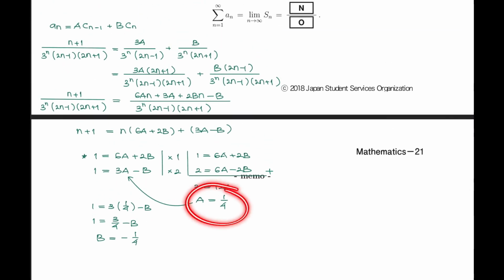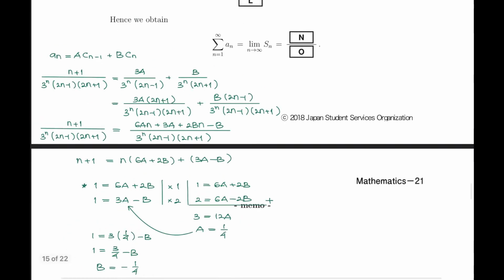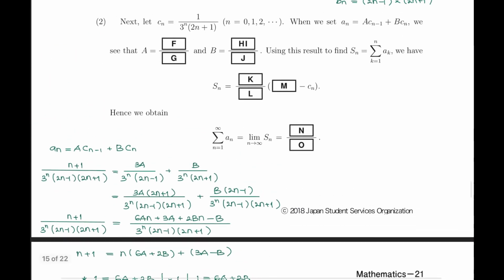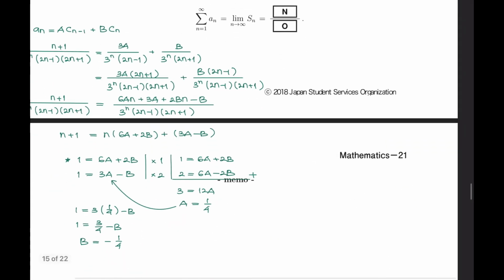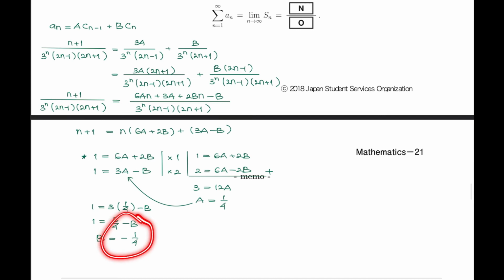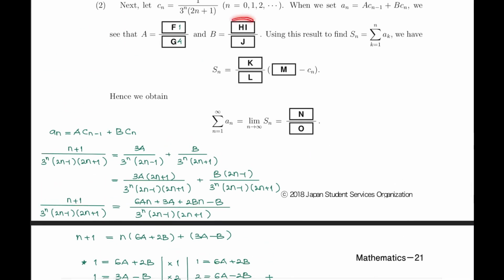Finally, I got the value of a and the value of b. A is 1 over 4, so f is 1, g is 4. And then b is negative 1 over 4, so hi is negative 1 and j is 4.